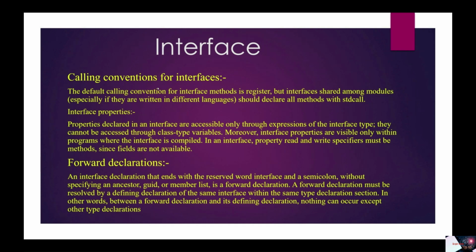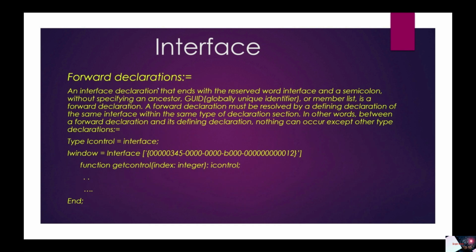An interface forward declaration is like the class forward declaration. Suppose before declaring an interface, we want to use that interface in another interface. I'm declaring interface IControl equal to interface.